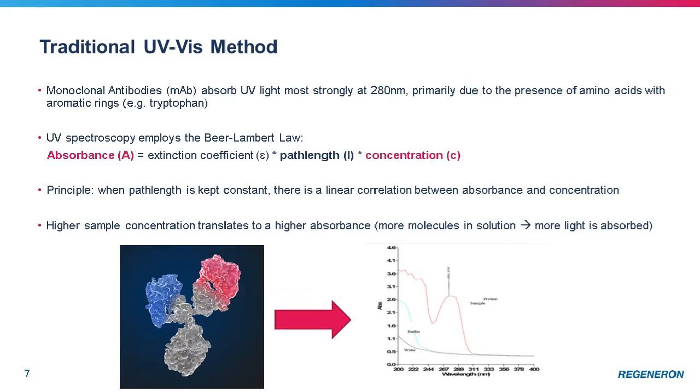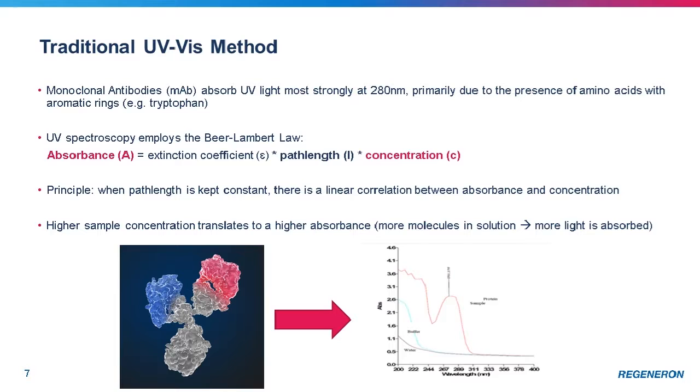So, in principle, when we know the extinction coefficient of the analyte at a specific wavelength and path length is kept constant, there is a linear relationship between absorbance at that wavelength and concentration of the sample.